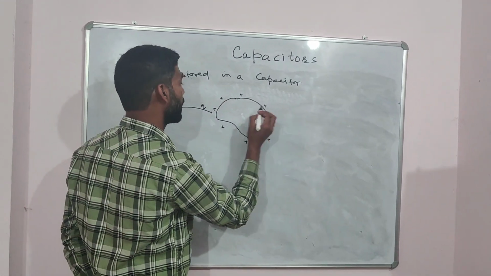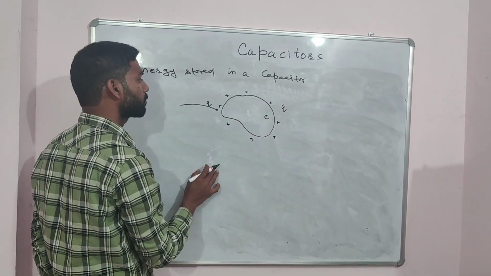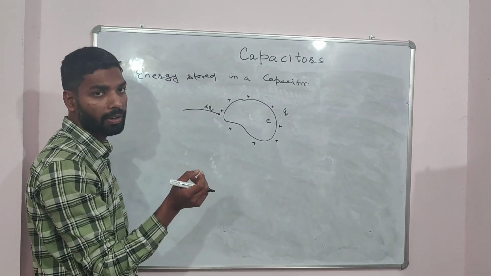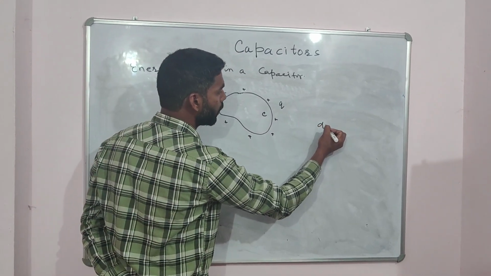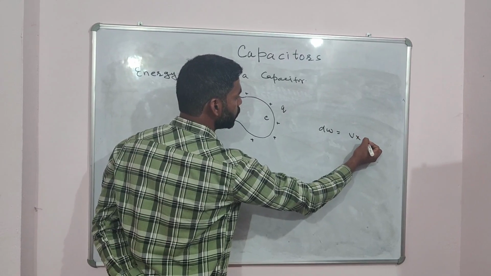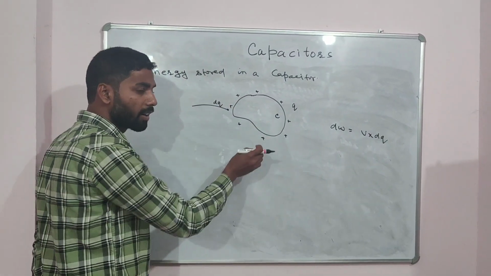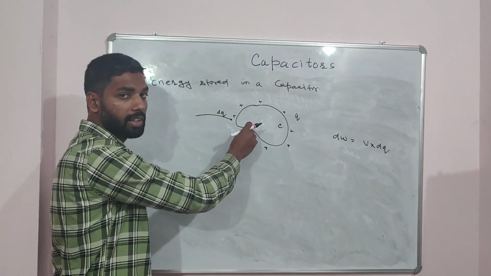So if it has a charge Q and its capacitance is C, and we are bringing a very small amount of charge dq, we have to do a very small work, dW is equal to the potential V into the small charge dq, and this work done will keep on adding as we are adding the charge.